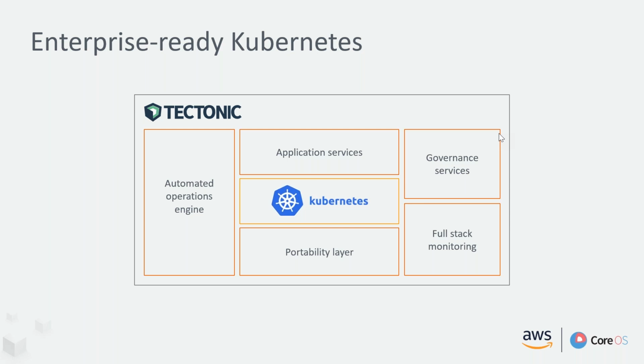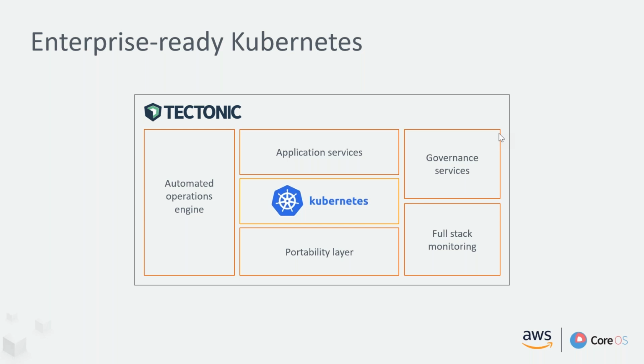A portability layer, which is kind of where you can run on multiple different providers, do hybrid cloud, that type of thing, across different regions in Amazon, for example, and the cluster operates the exact same. And then the automated operations engine that I was talking about, this is what allows you to do in-place, no downtime upgrades of Kubernetes at any time you would like.